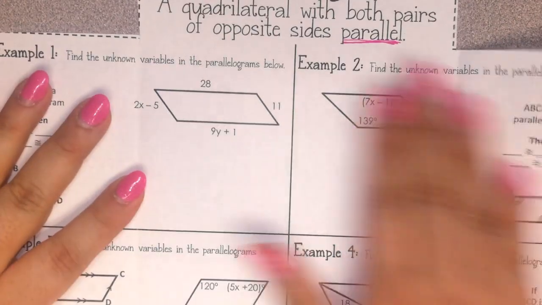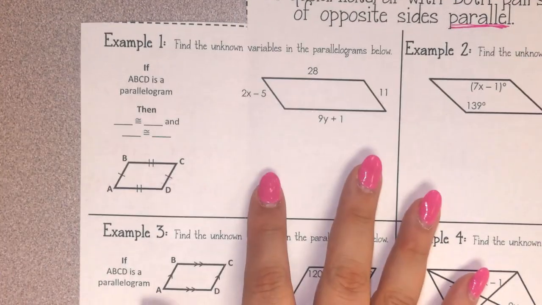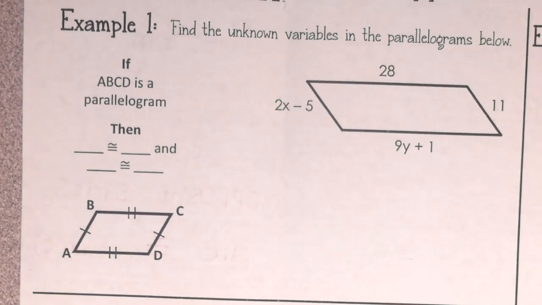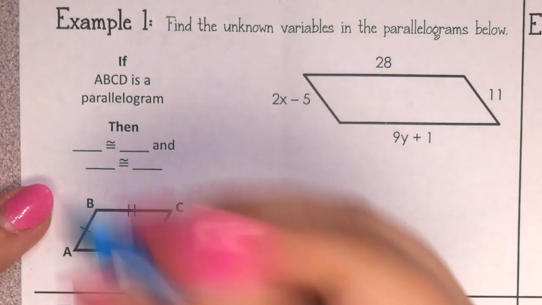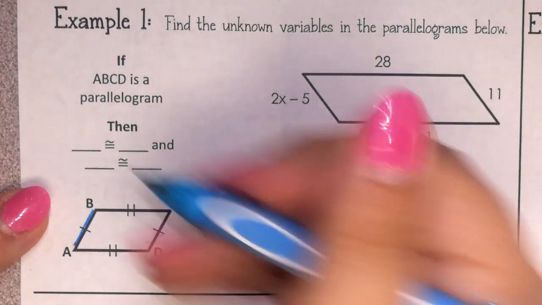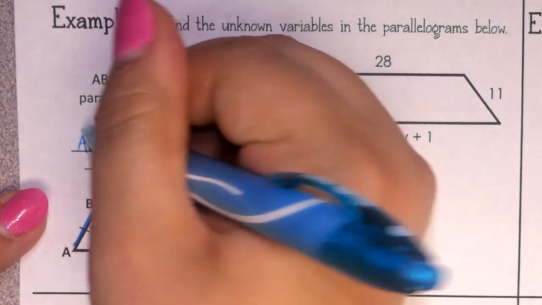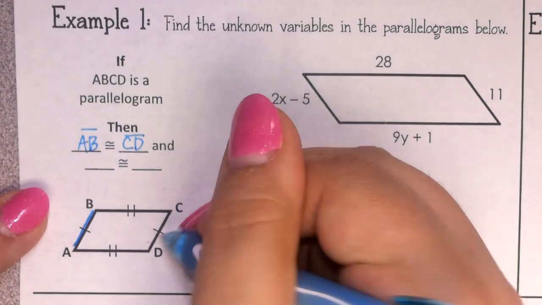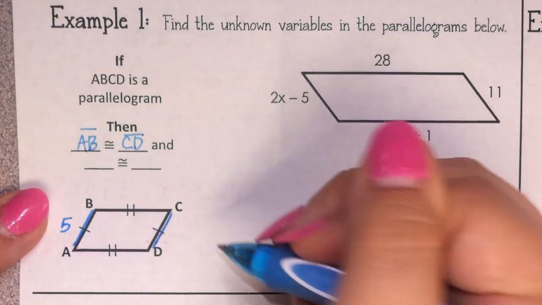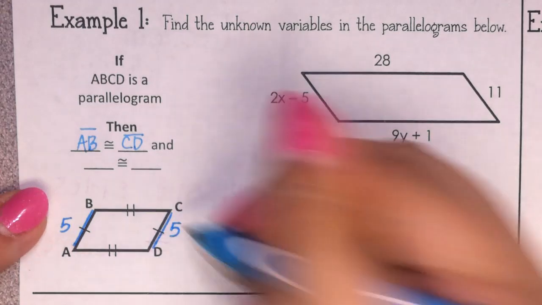Thank you. All right. For this next problem, or example 1, what side is going to be congruent to AB? CD. So AB is congruent to CD. So if this left side is 5, what's my right side? 5.